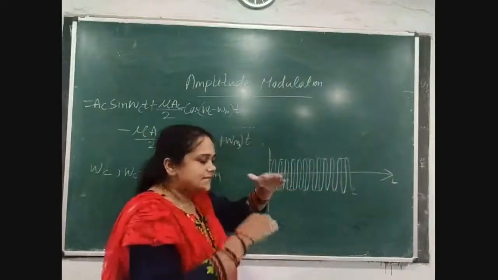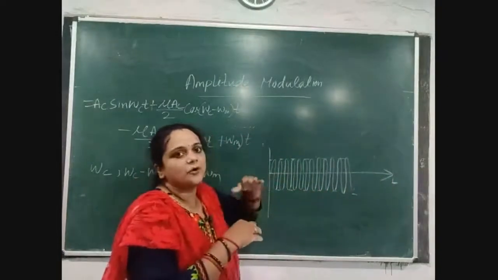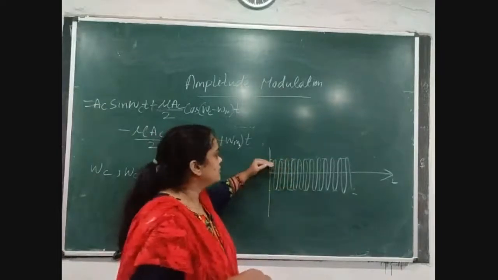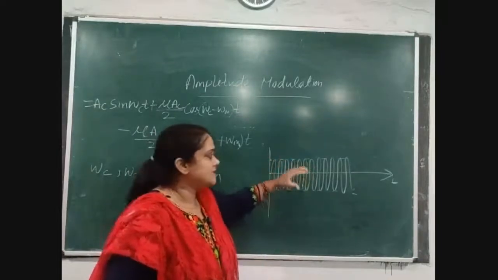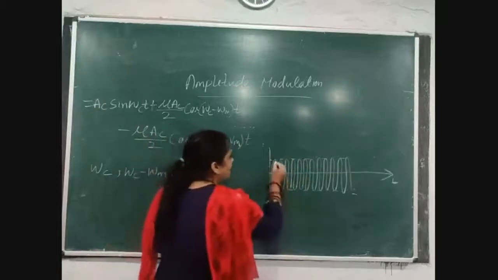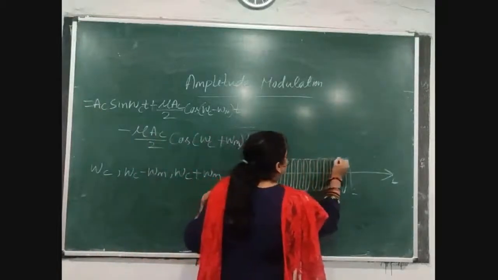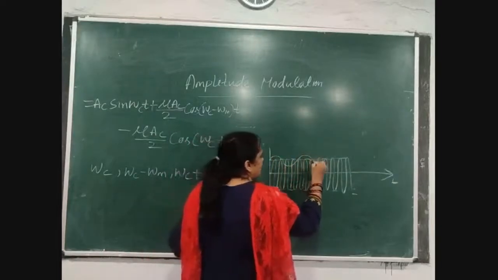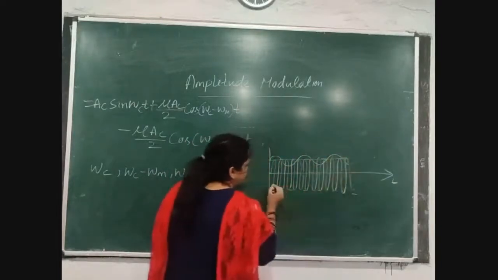Then we superimpose the modulating signal on this carrier signal, meaning superpositioning of the modulating signal on the carrier signal. How? If we consider this as a 0 line, then we draw the modulating signal like this.